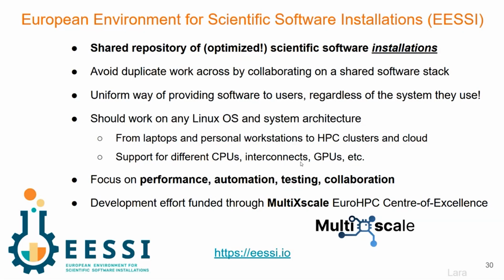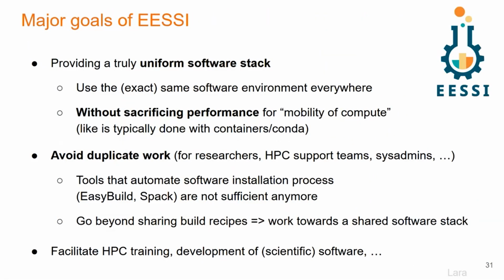That means that each HPC site does a lot of the installation work and needs to do it over and over again. So EESSI is a way to provide uniform software to the users, regardless of which system they're running on.